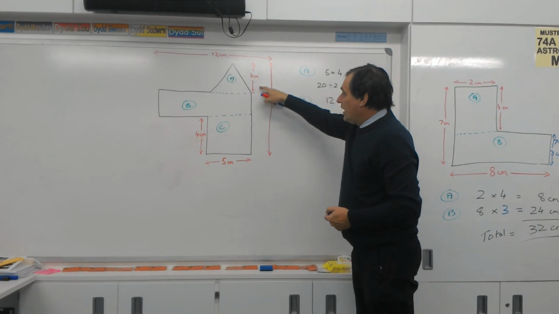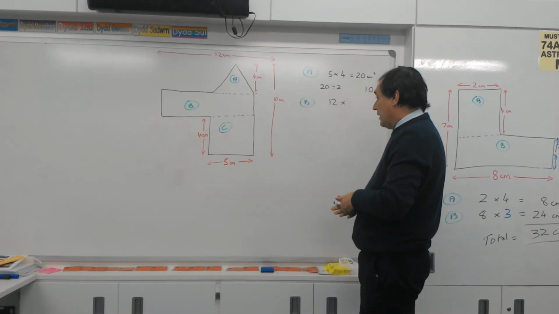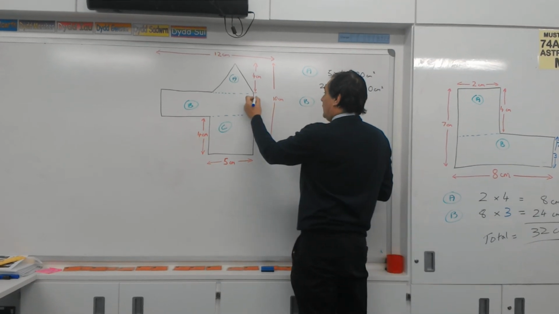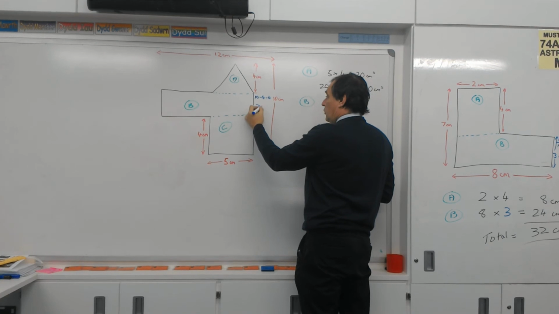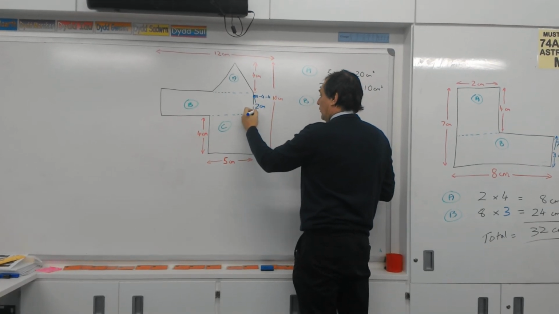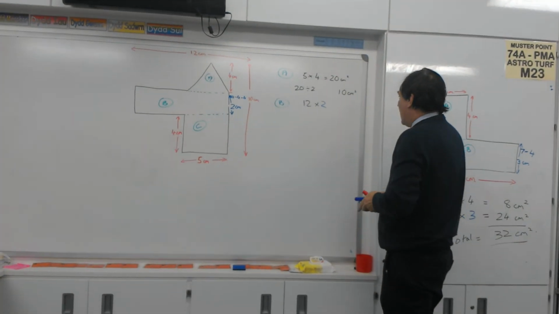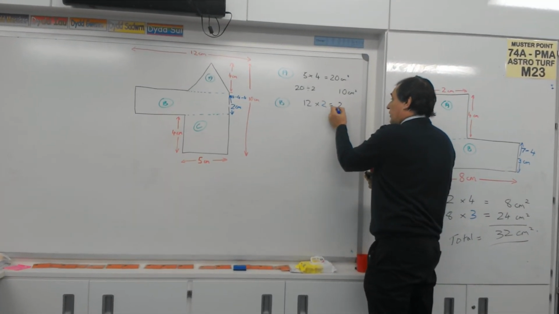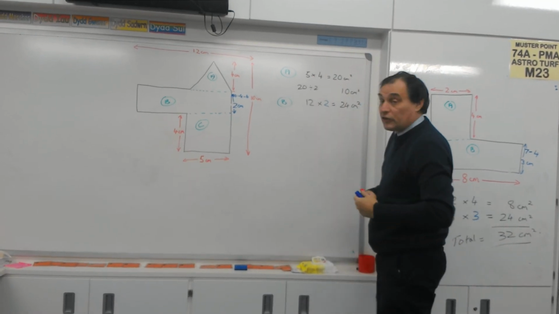Now I've got a 4 here and a 4 here and a 10 all the way. So in other words, this dimension is going to be 10 take 4 take 4, which just leaves me with 2 centimetres. So this bit in the middle is 2 centimetres. That's 12 times 2, and that gives me 24 centimetres squared. And the units centimetres squared for area.